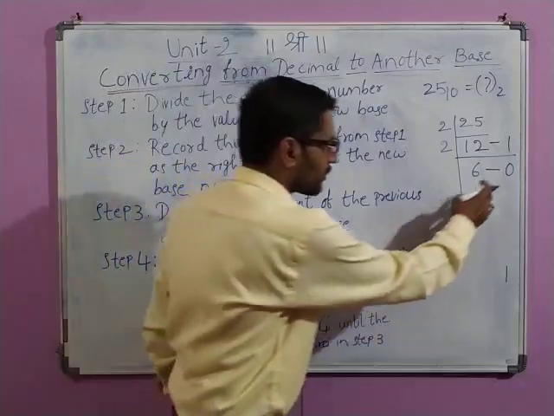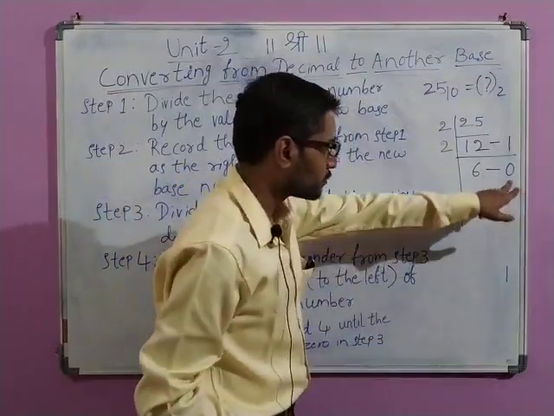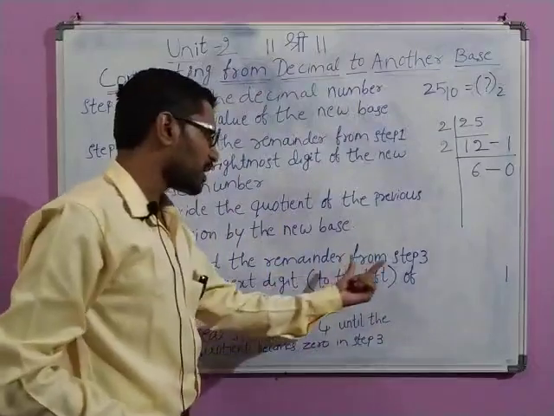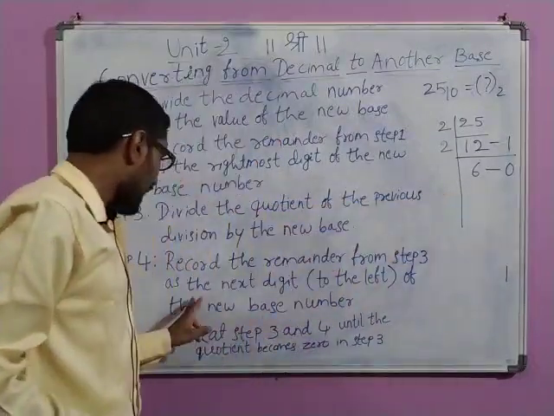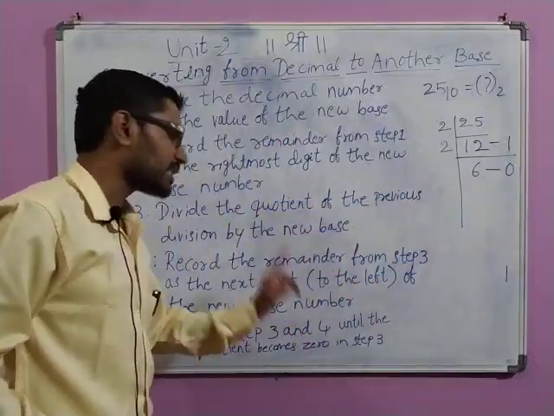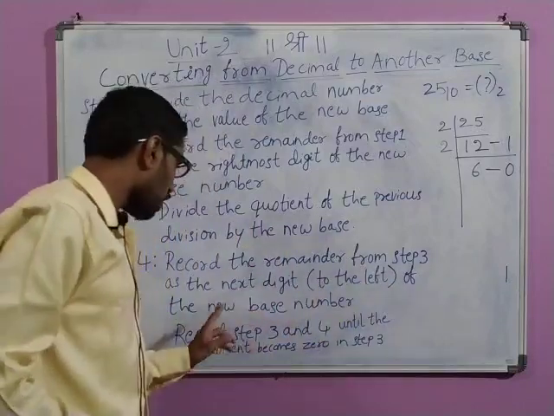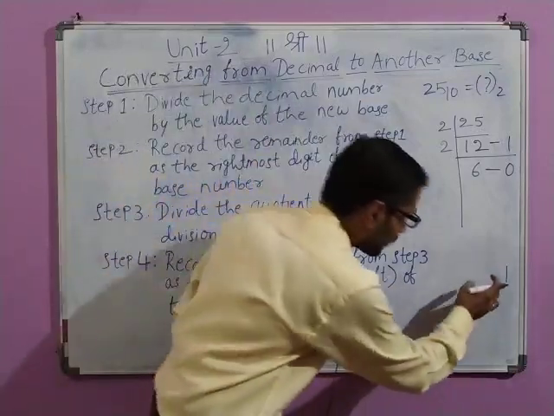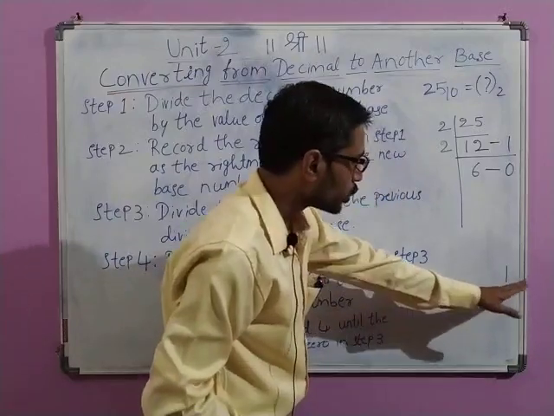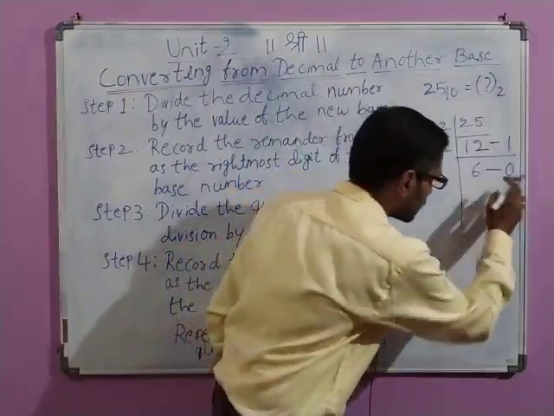What remainder am I getting? 0. So whatever value I'm having here, towards its left I need to write this 0.